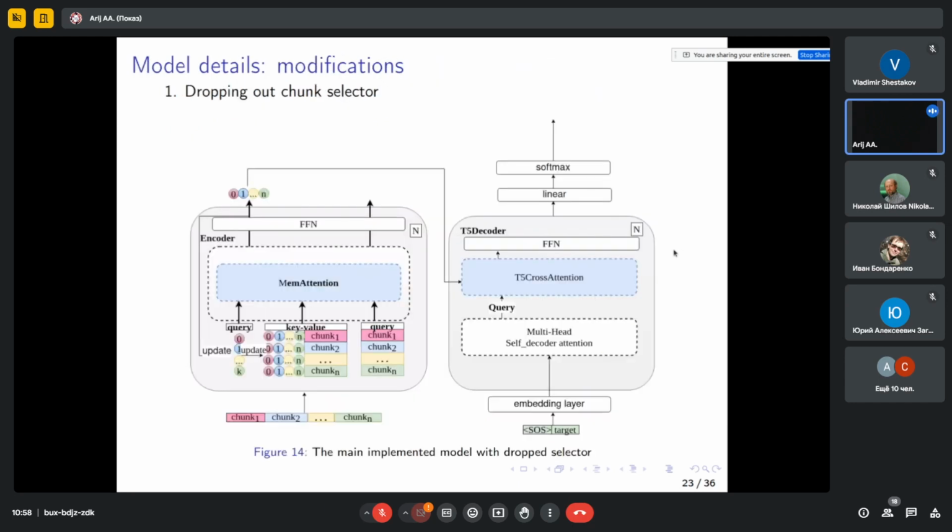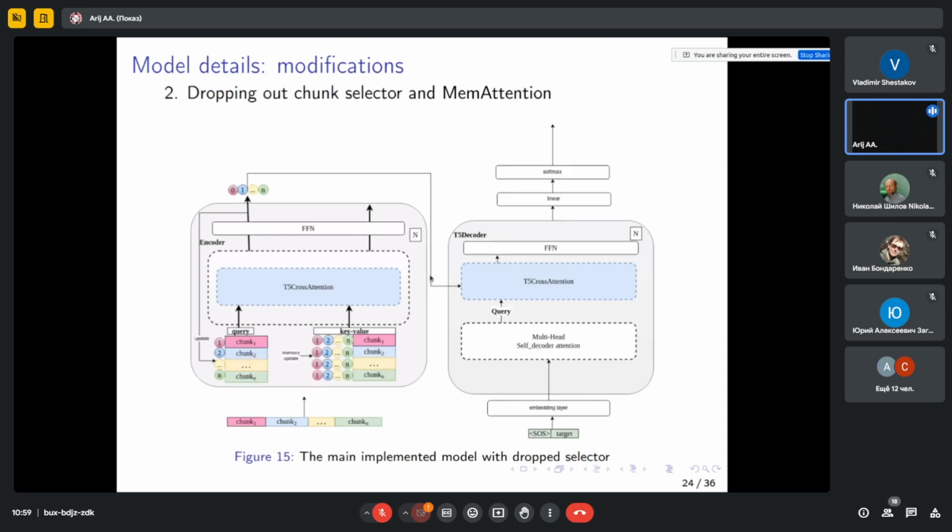Continue. So as I said, when I increased the chunk input, I got a huge computational cost resulting from using the selector component. That is why we had to drop it, and I preferred to use the memory slots directly in encoder-decoder attention using T5 cross attention.